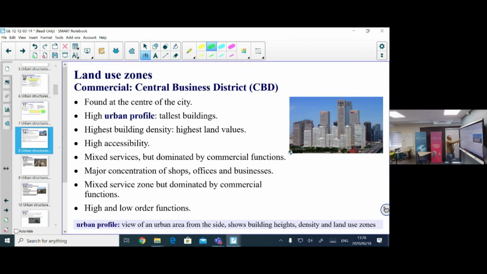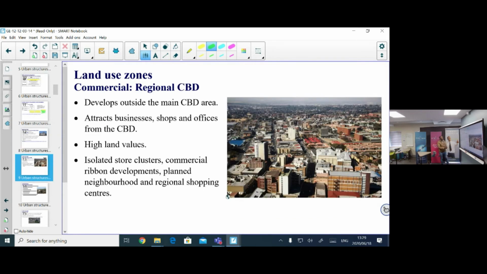It has a high urban profile where we find the tallest buildings, the highest building density, the highest land values, and high accessibility. We find mixed services, but dominated by commercial functions. A major concentration of shops, offices, and businesses. High and low order functions are also found in the city center.